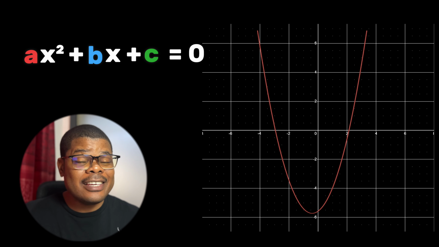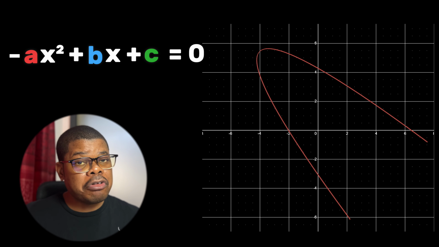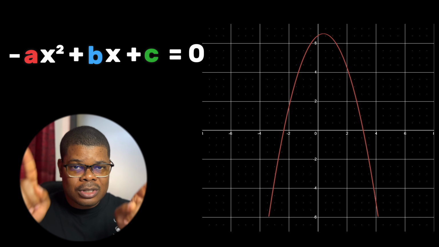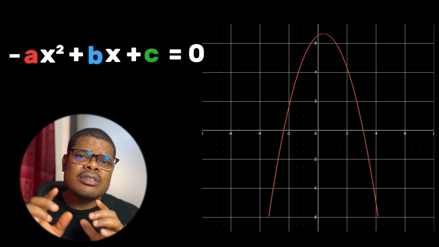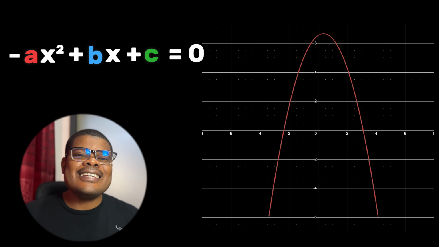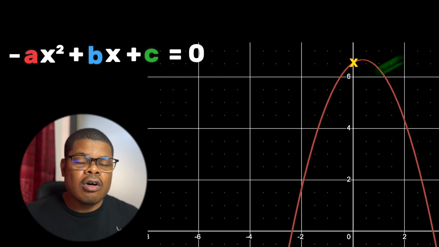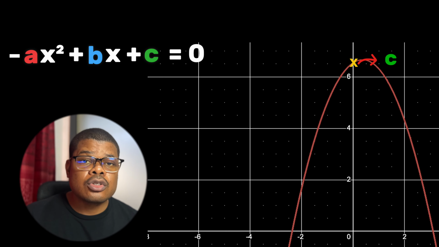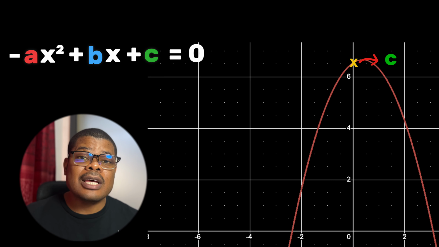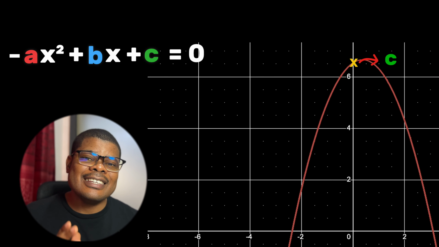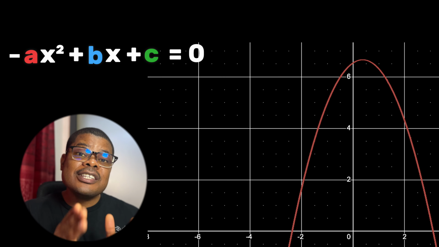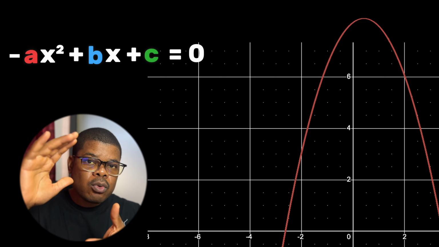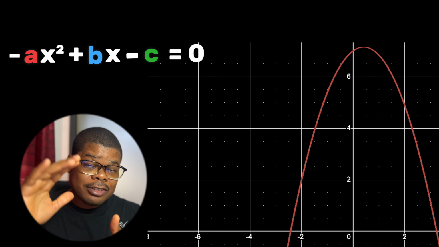But if A is negative, it forms a sad face. That's the parabola goes downward. And then we also have the C there. The C is the intersection of the line in the y-axis. That is what C stands for. So the whole graph flips upside down whenever A is negative. So if you change C, you are either moving the graph upward or you're moving the graph downward.